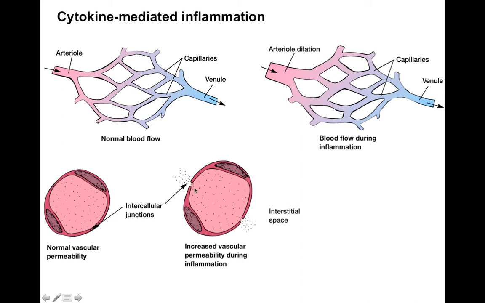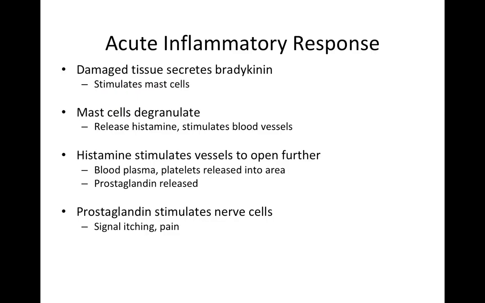And I want to point out that these intercellular junctions actually physically separate, leading to increased leakage of fluid and solutes out of the vasodilated capillaries. And those little spaces are what the white blood cells can actually extravasate through, leaving the capillary to get into the tissue and enter the interstitial space.